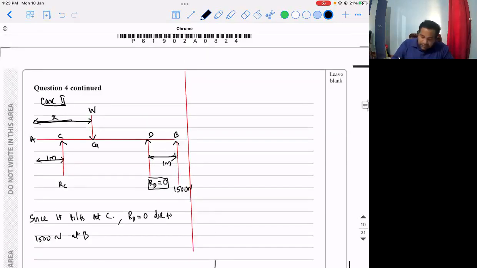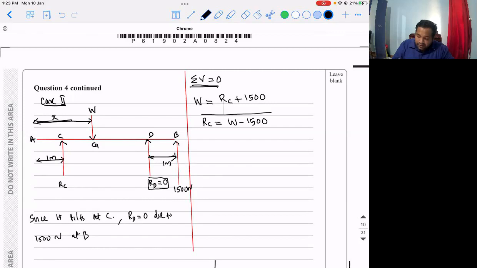So same scenario works. What is that? The total vertical force is equal to 0. That means W is equal to RC plus 1,500. Or RC is what? Is that W minus 1,500? So that is equation number 2. Then take moment about any point.